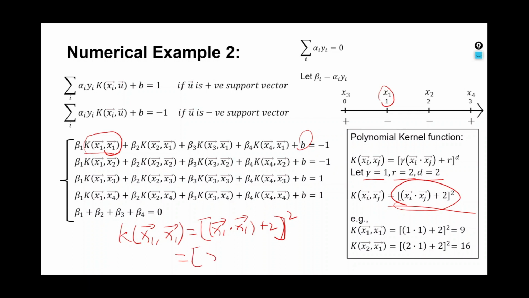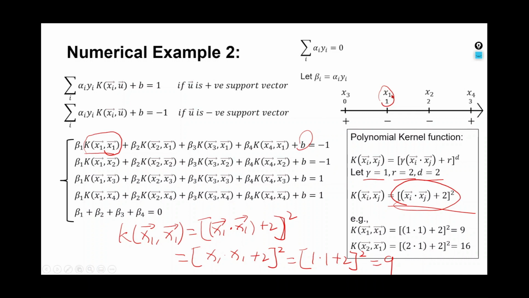So it's just x1 dot x1 plus 2 squared. x1 is 1, so it's 1 dot 1 plus 2 squared, which is equal to 9. So this is the so-called transformed dot product between x1 and x1.